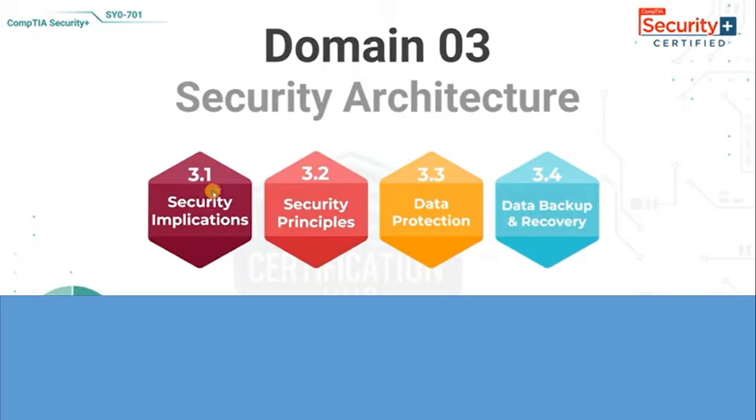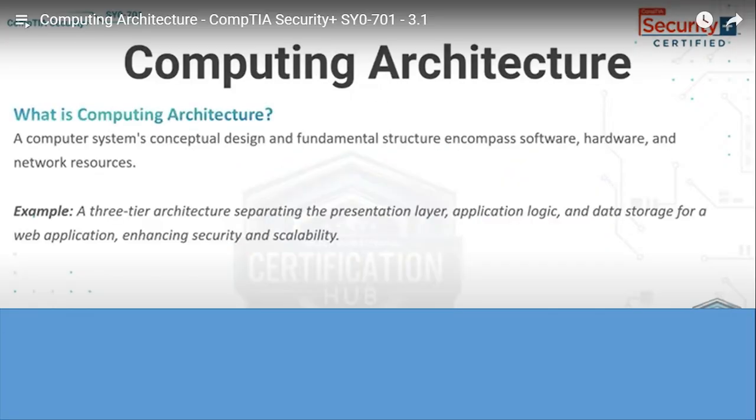Domain 3 covers four parts. The first is security implications, which is 3.1, and the next is 3.2, where we will discuss security principles. Next is data protection, and the last one is data backup and recovery. Now we are moving to the next.